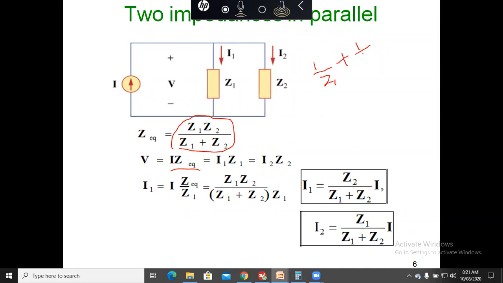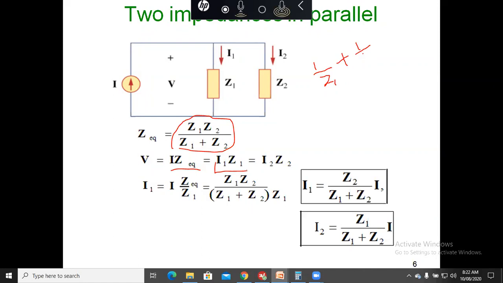So this will give us the voltage across the network. And if we get the value of I1 Z1, it also gives us the voltage across the network. So you can see it here, and that is also equal to I2 Z2.